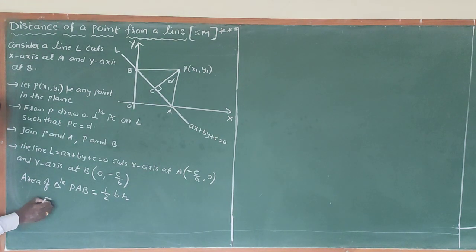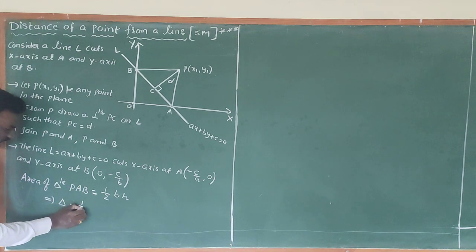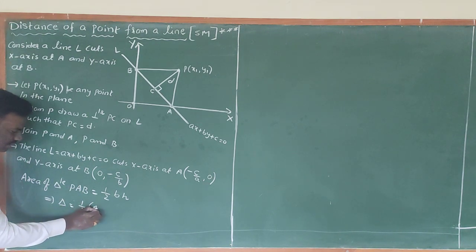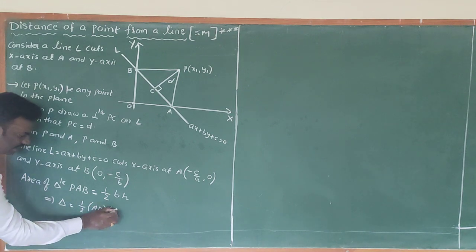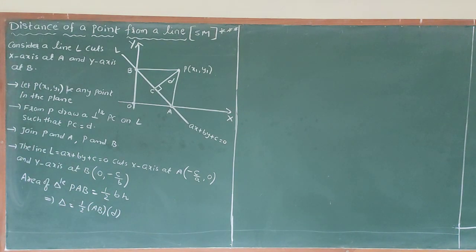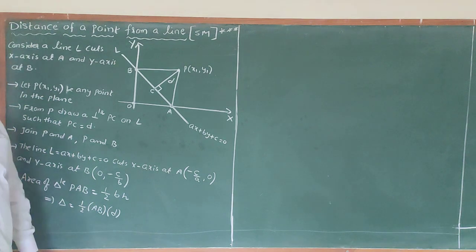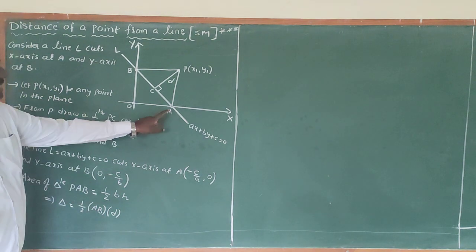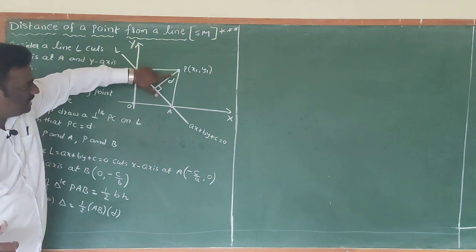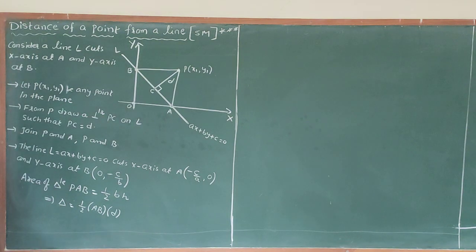That implies delta, area is nothing but delta, half into base is AB, height is D. Half into base into height. Base is AB, height, this length, is how much? D. But actually in this question what we need to find? D.